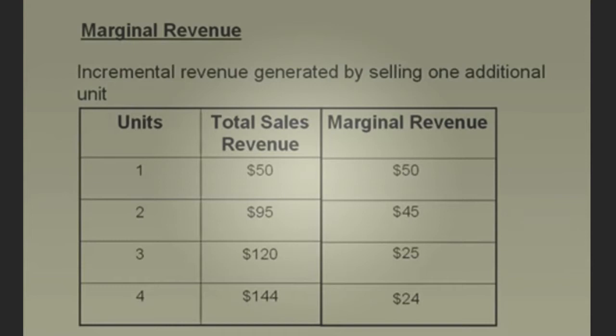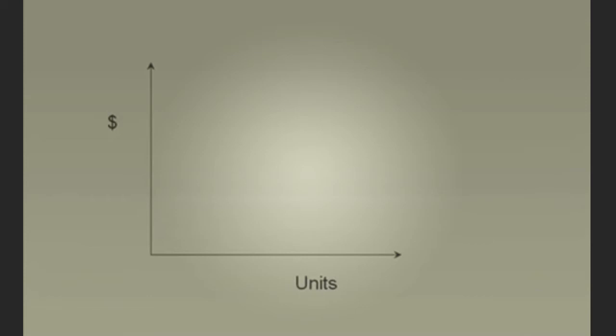Now, if you draw a graph, it's been proved that marginal revenue decreases as you sell each additional unit. So if you draw a graph, it will look like this. That's marginal revenue.